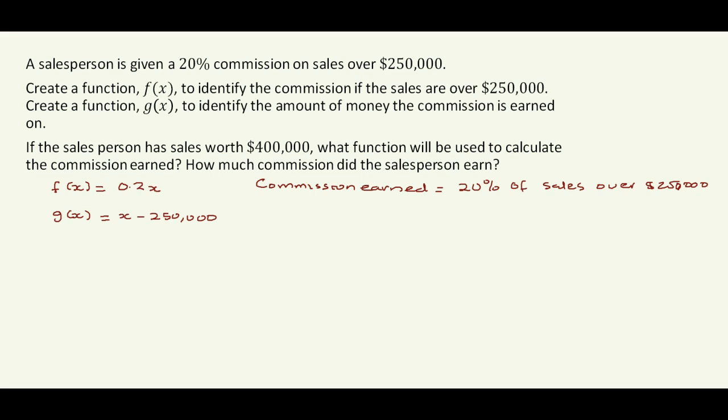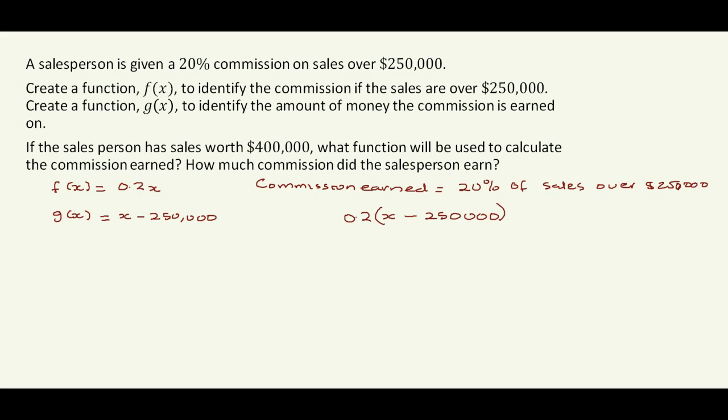So it's going to be x minus 250,000. That's the amount of money he can earn a commission on. And then what is the commission he earns? 0.2 of this.